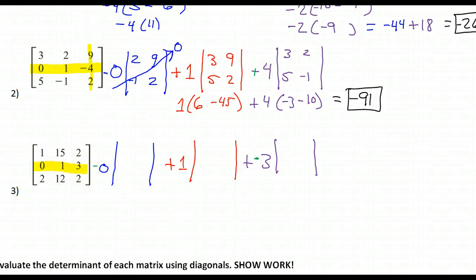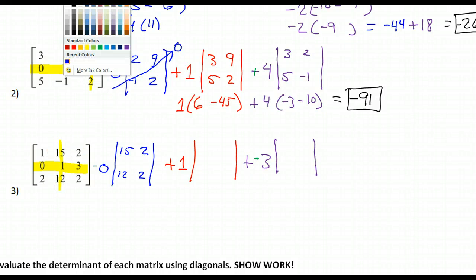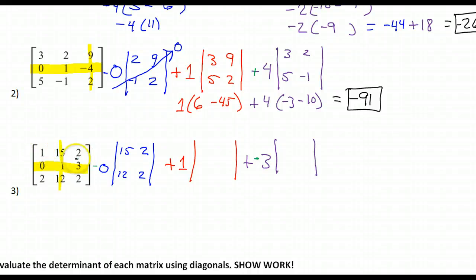Okay, so I'm looking at the 0 and I'm thinking, okay, I'm going to take out that column. So that leaves 15, 2, 12, and 2. Now let's move over to the 1. Okay, if I take those out, that leaves 1, 2, 2, 2.